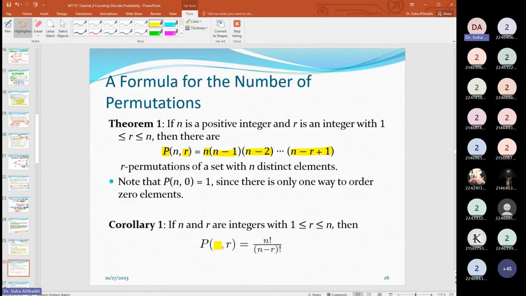The permutation of nr is equal to factorial n divided by factorial of n minus r. طبعا you don't have to use this rule if you have your calculator. ال PNR هي نفسها اللي بالcalculator NPR. So I can use my calculator and find the answer and that's it. You don't have to worry about memorizing this rule. Okay?